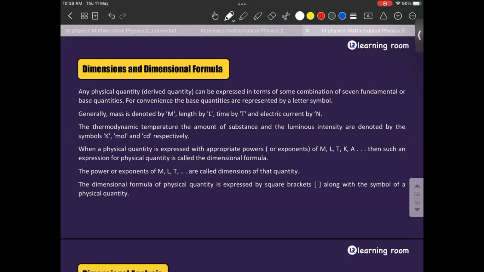So here we are dealing with numbers. That is why I want to stress these points. And another important topic is dimensions and dimensional formula. The name of the chapter is actually units and measurements. For certain measurements that you take, you're going to report the answer in terms of units.